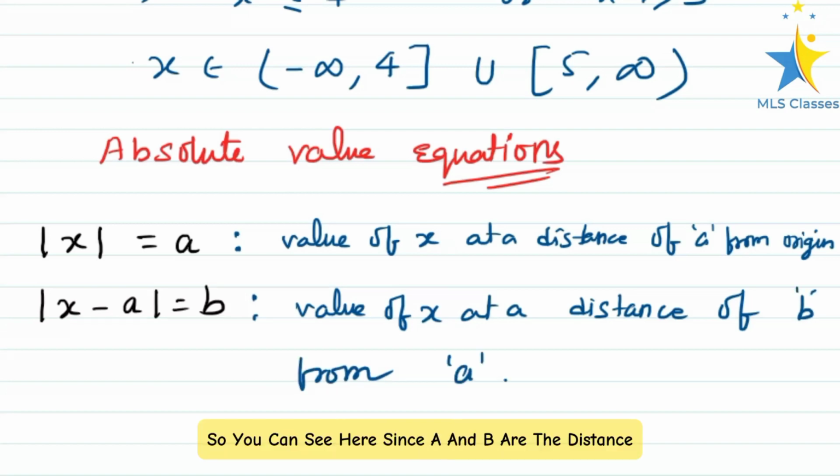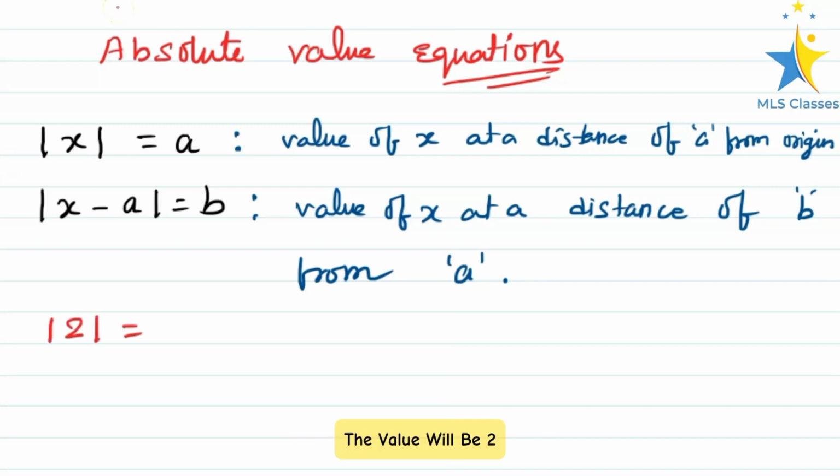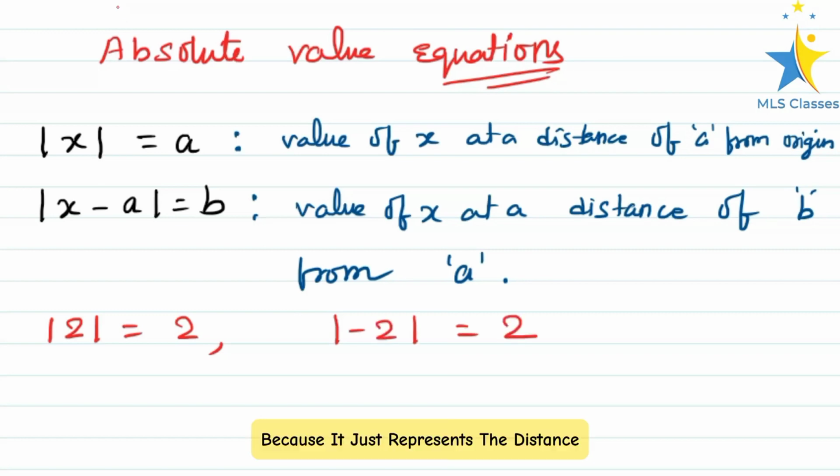Since a and b are distances, and distance can never be negative, the result of an absolute value is always positive. The result is positive but the value of x can be negative. Absolute value of 2 is 2, and absolute value of negative 2 is also 2, because it just represents the distance. Absolute value of 2 means the distance from the origin to 2.